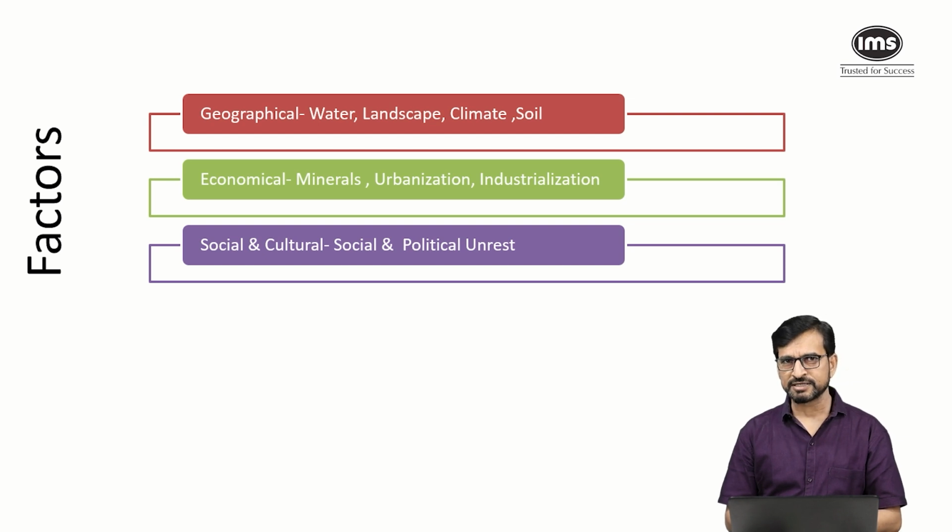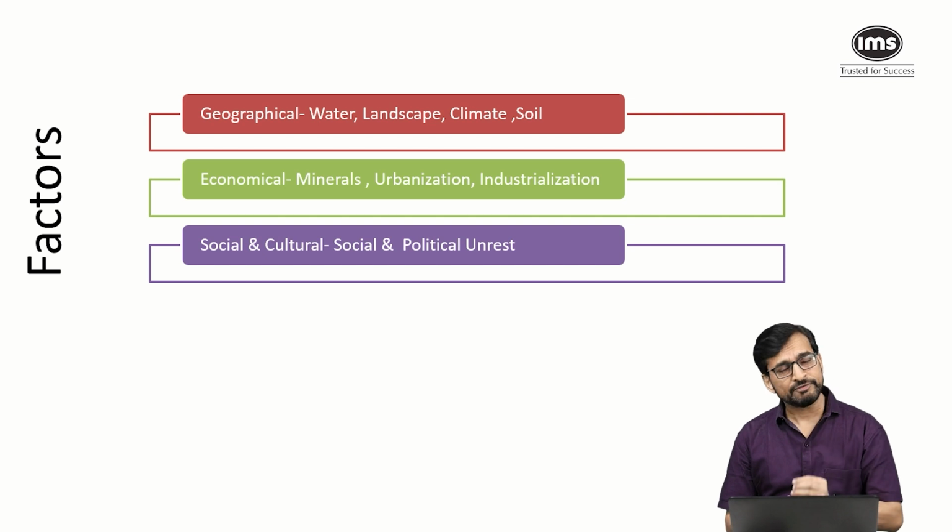Who among us will love to be in a place where the climate is, all around the year, either cold, hot, or something else? Again, the soil of the place. So these are the four major geographical components: water, landscape, climate, and soil.